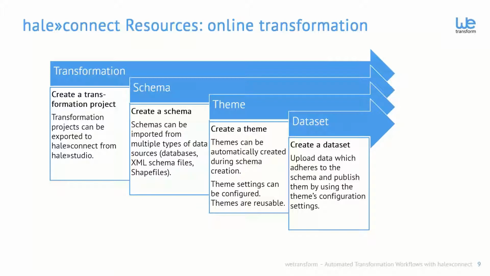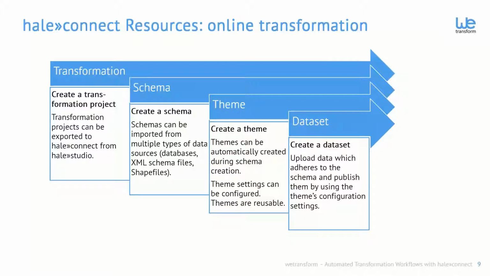So first we need a transformation project. This doesn't happen completely on its own. You do have to begin configuring the workflow with a completed transformation project. That will typically come from Hale Studio. So the first thing you have to do is create a transformation project in Hale Studio, and you can actually export your transformation project directly from Hale Studio onto Hale Connect, the online platform.